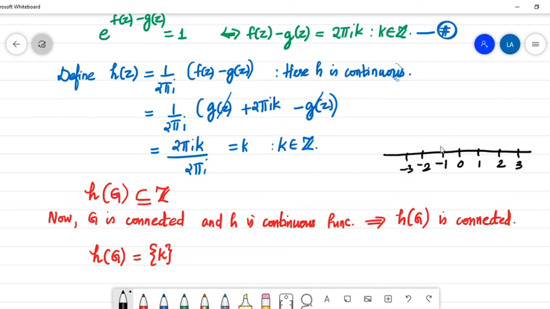They are not connected with each other, and here it is said that this h of G is inside the set of integers, but this h of G is connected. So the only possibility is for h of G to become a singleton set inside the set of integers, so that it remains connected. That is the only possibility.